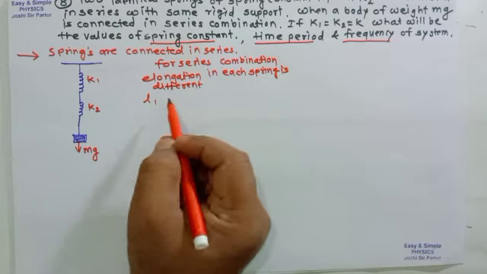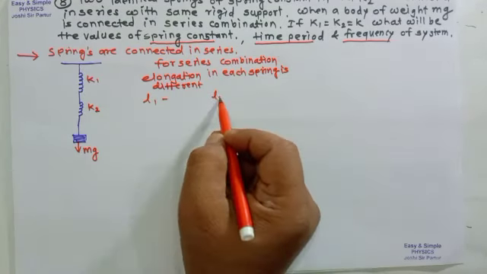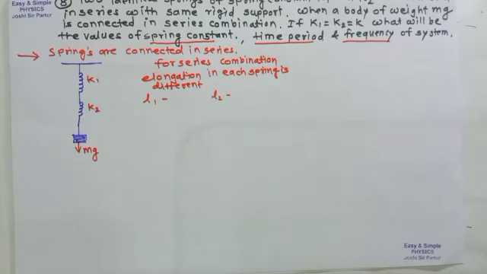So L1 is elongation in first spring and L2 is elongation in second spring.